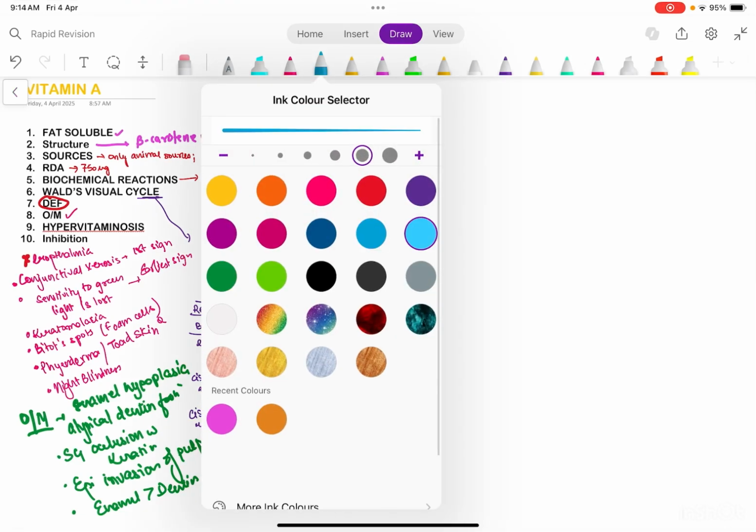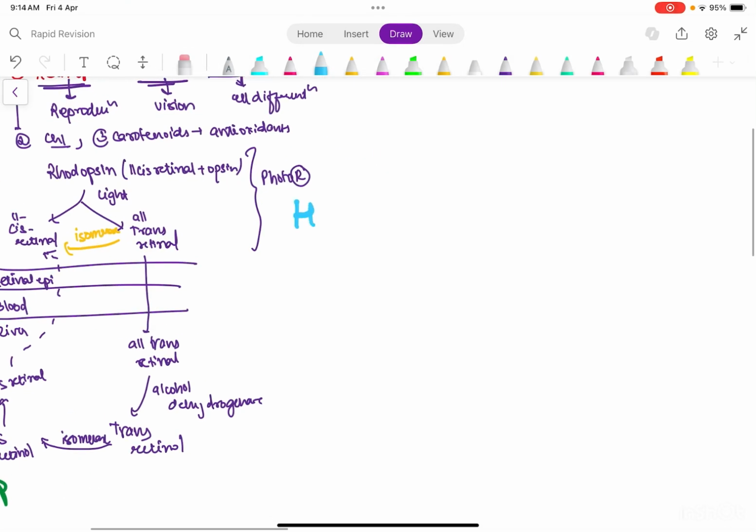Then coming on to hypervitaminosis. This occurs when the dosage is more than 660,000 international units.